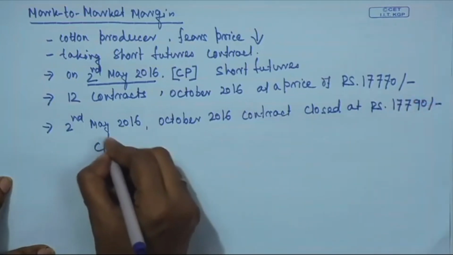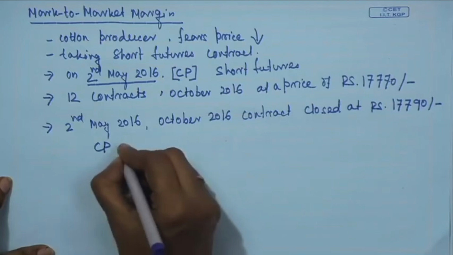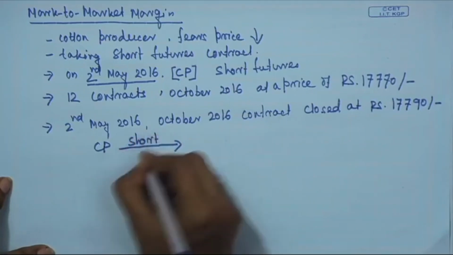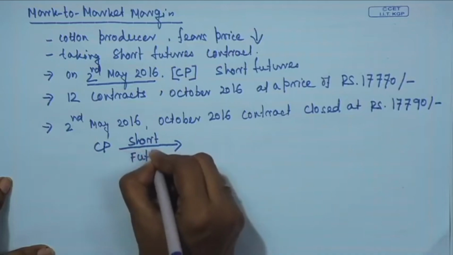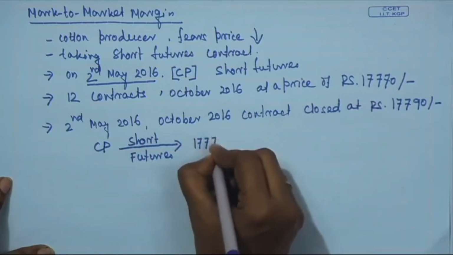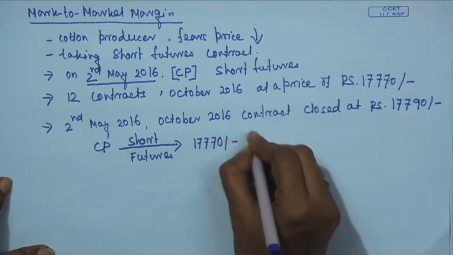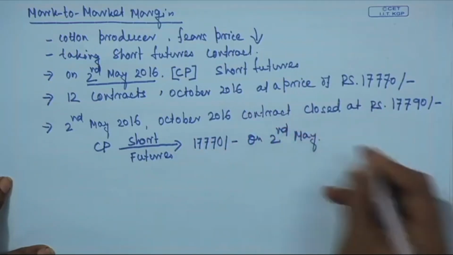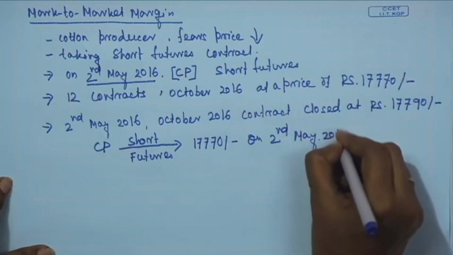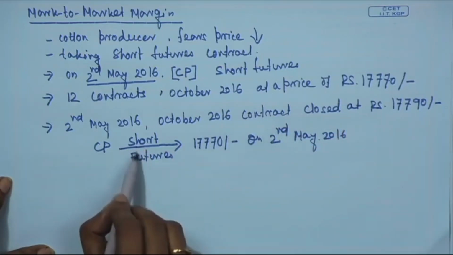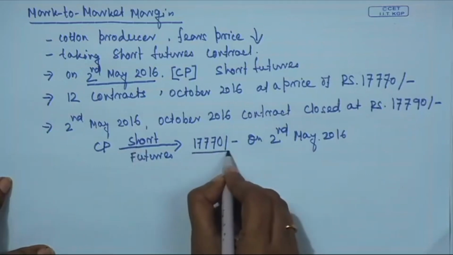So the cotton producer took short futures at a price of 17,770 on 2nd May. When he is short, he has sold the futures contract at 17,770.